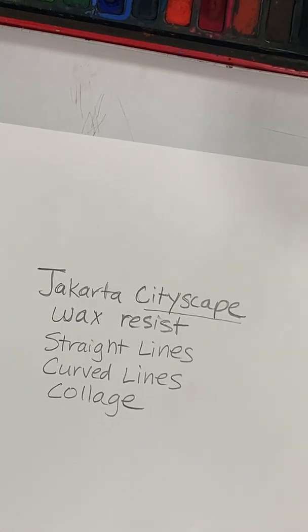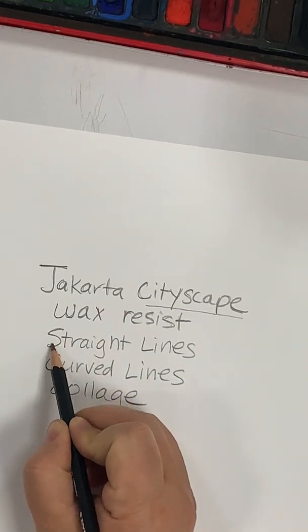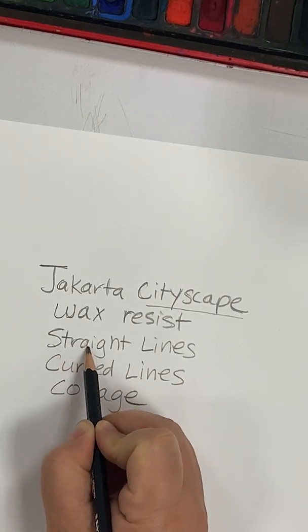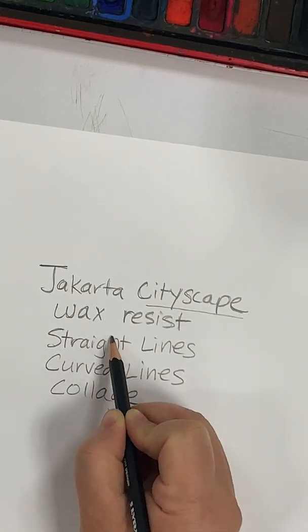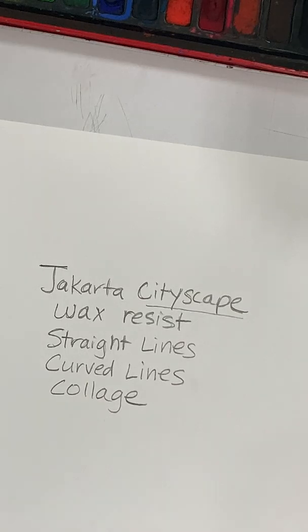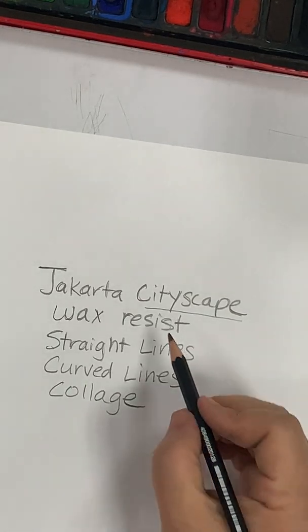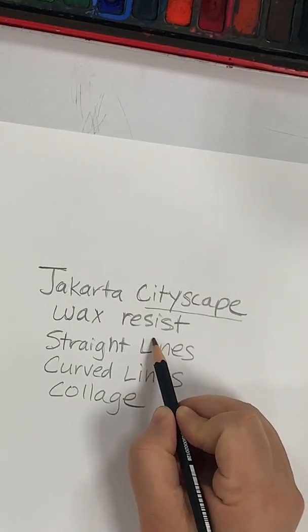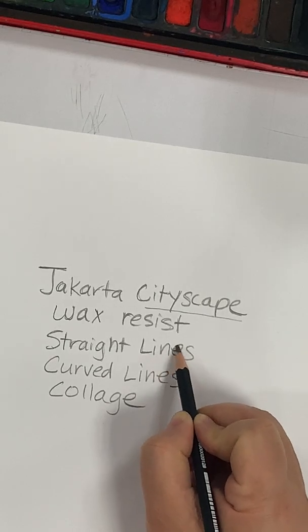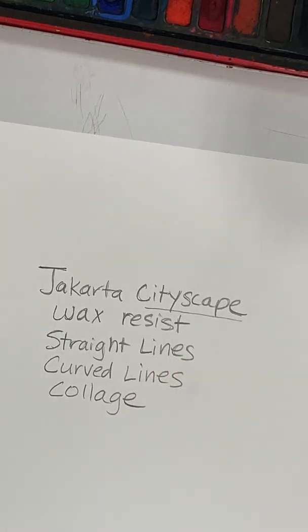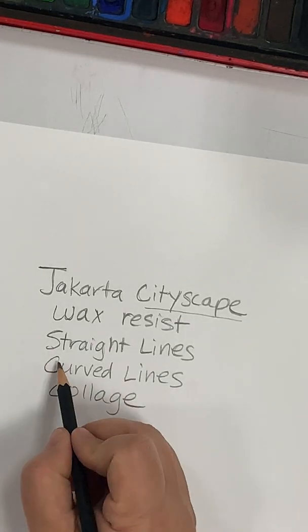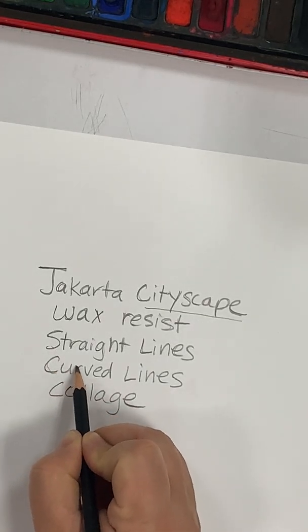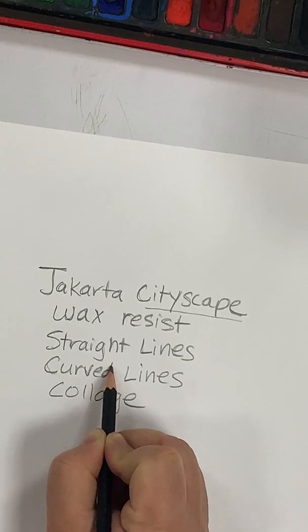My third word is straight lines. For our project, we are going to be using straight lines for our buildings. Our buildings will be made up of straight lines. Then our next word is curved lines.